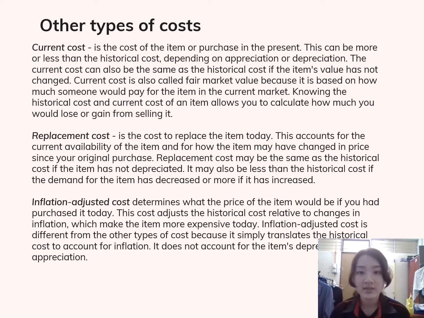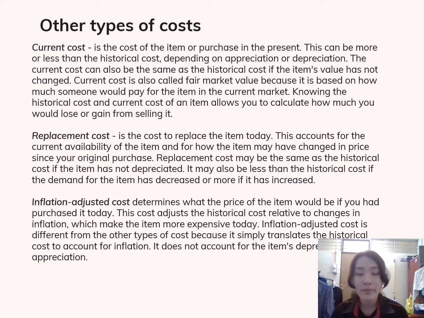This accounts for the current availability of the item and for how the item may have changed in price since your original purchase. Replacement cost may be the same as the historical cost if the item has not depreciated. It may also be less than the historical cost if the demand for the item has decreased, or more if it has increased.